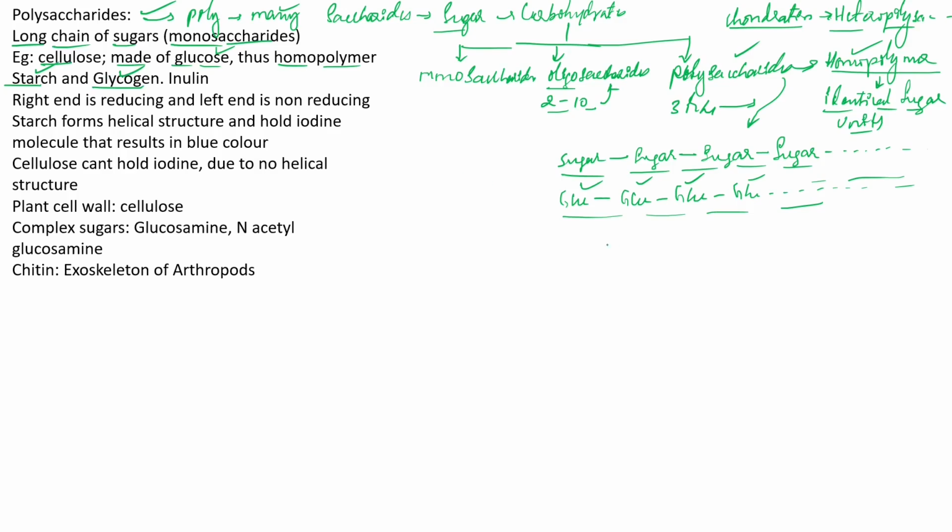So broadly speaking, cellulose is mainly present in the plant cell wall, and starch is mainly used as a food storage. And finally we have glycogen, which is similarly used for food storage.